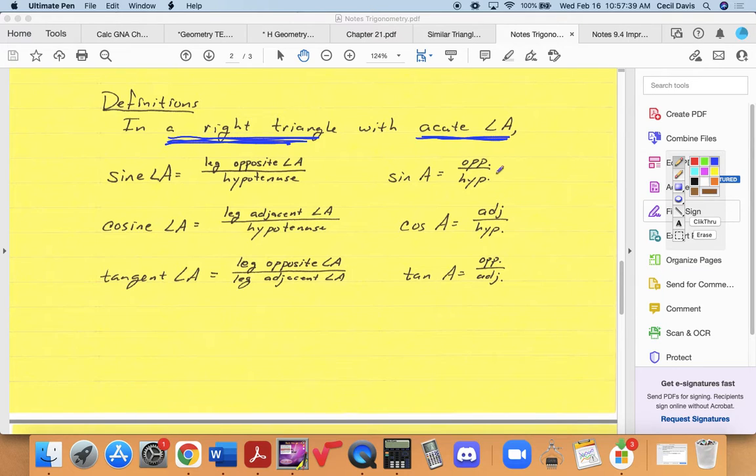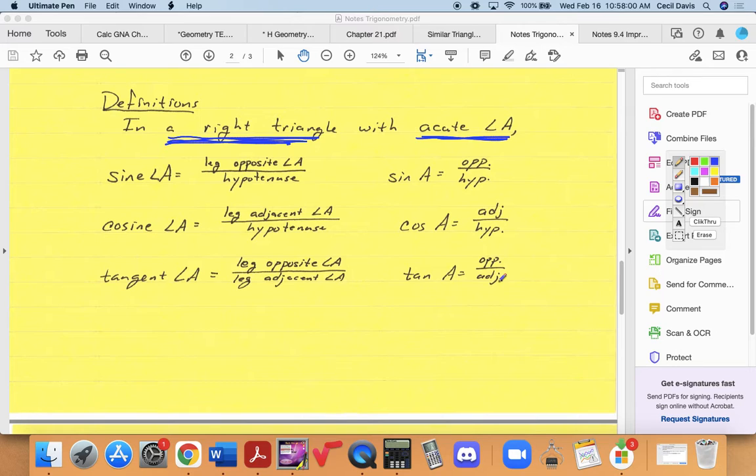In both of these, the opposite means a leg, and adjacent means a leg. That's important. And finally, the tangent of angle A is the leg opposite angle A to the leg adjacent to angle A. So the tangent of A is opposite over adjacent.